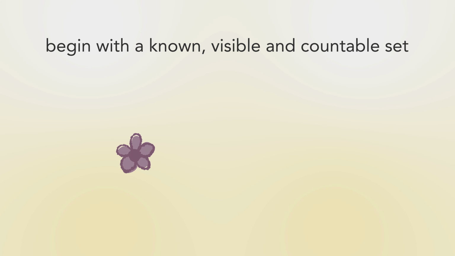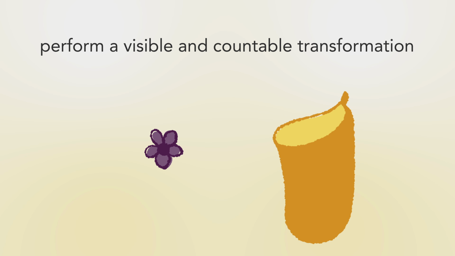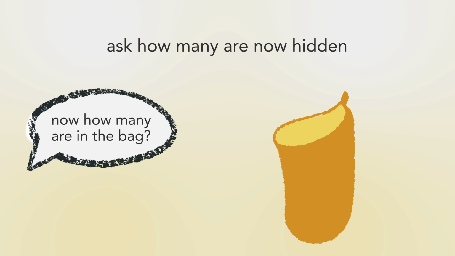The key steps of these hidden result problems are: begin with a known, visible, and countable set. Hide that initial set from view. Perform a visible and countable transformation by adding objects to or taking objects from the initial set. Ask how many are now hidden.